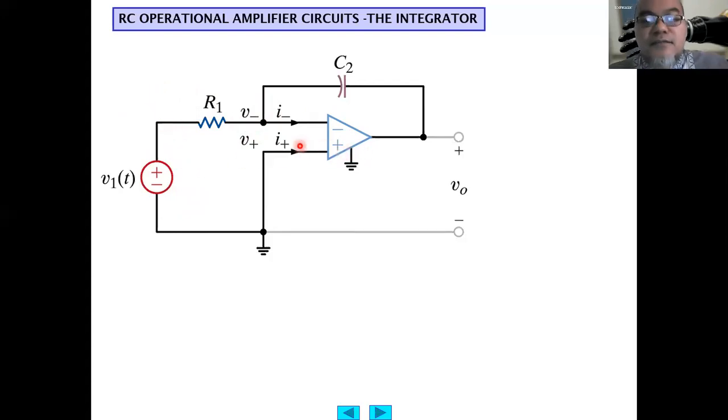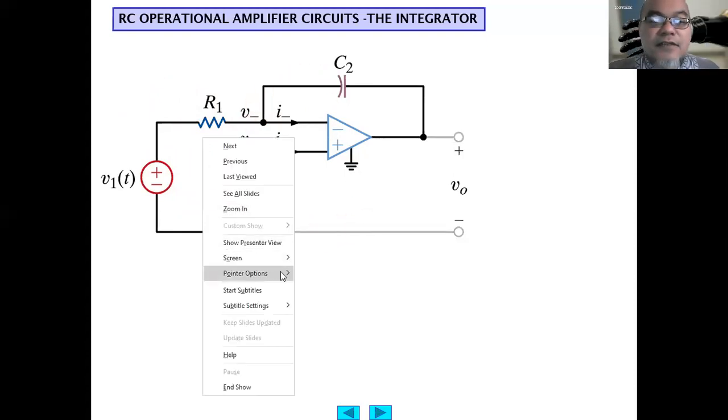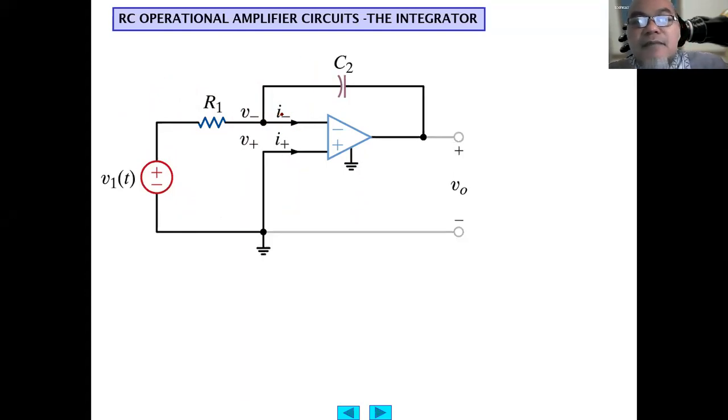The non-inverting input is connected to ground. So we can see that I minus equals I plus equals 0, and V minus equals V plus. Since V plus is connected to ground, it equals 0, so the potential here is 0 volts, and this is also 0 volts.